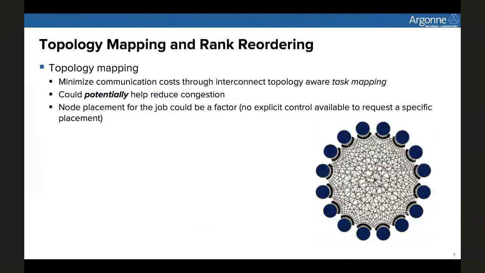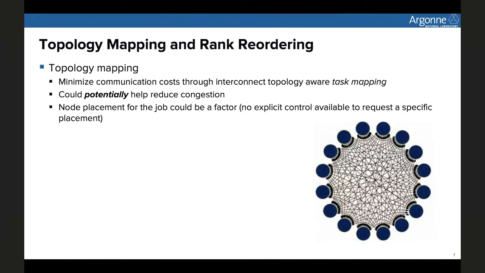So here, the topology mapping and the rank reordering. While I would say the topology mapping is not that critical for a Dragonfly based topology, which is used in Theta, it is very critical for torus based topologies.